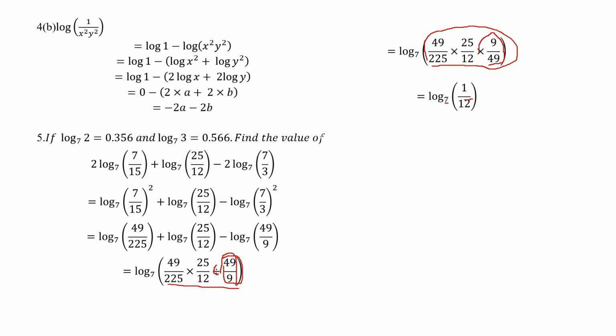Now this 12, there is a 2 and a 3 embedded there. The 12 is 4 times 3. This 4 is the same as 2 squared. We are going to write the 12 as 2 squared times 3 on the next step. Now before we substitute 12 by 2 squared times 3, we can first dismantle this one here.